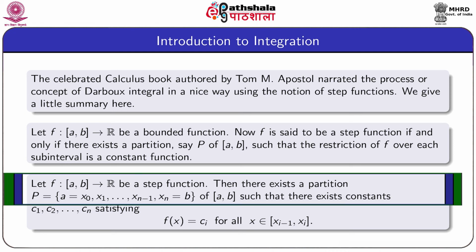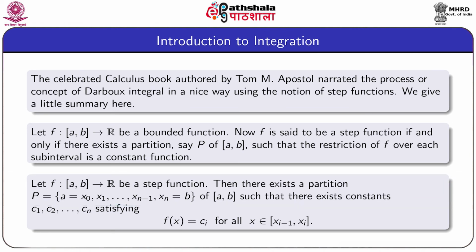Let f from [a,b] to R be a step function. Then there exists a partition P with the points of partition a equals x0, x1, up to xn−1 and xn equals b, such that there exist constants c1, c2, up to cn satisfying f(x) equals ci in the ith subinterval.